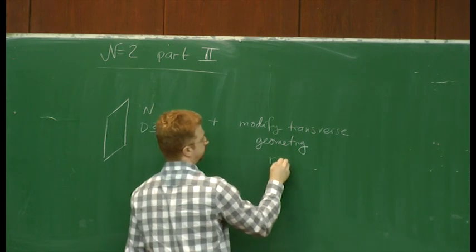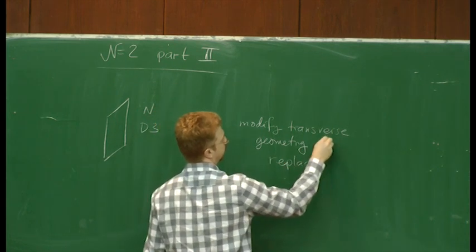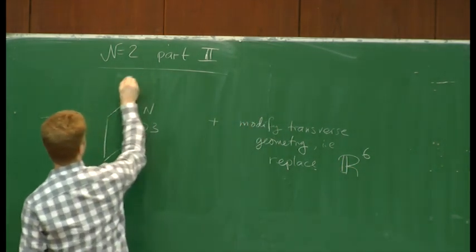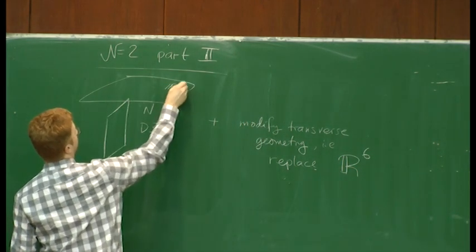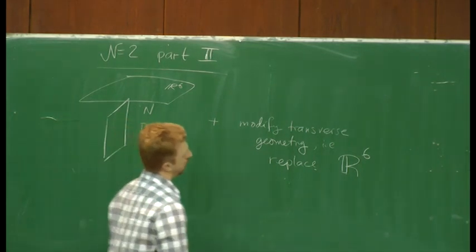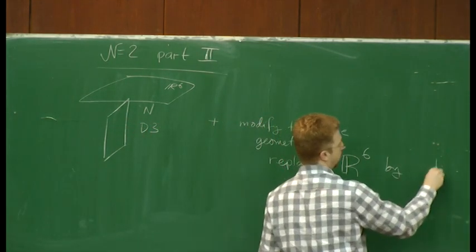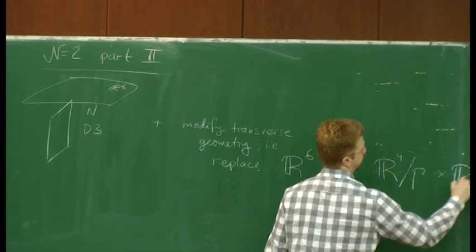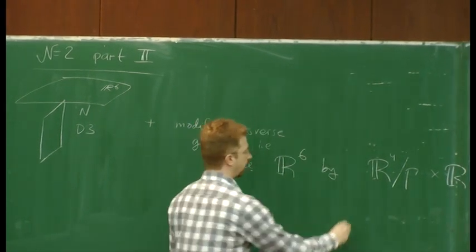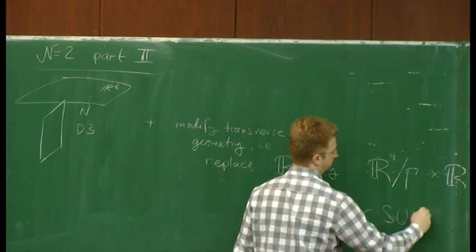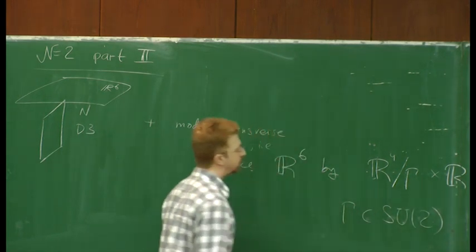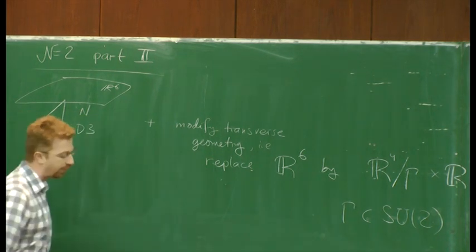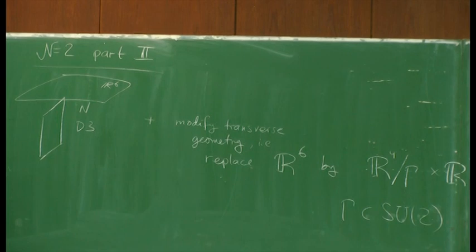So replace R6, which is the transverse space, by an orbifold, where gamma was a discrete subgroup of SU2. So that gave a class of superconformal N=2 theories in 4 dimensions.